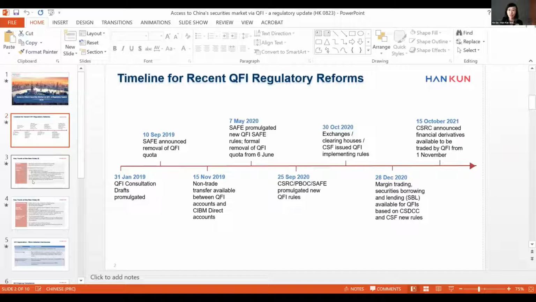So it shows that the regulatory efforts to make the program attractive again are well received and positively reacted to by the international investors.